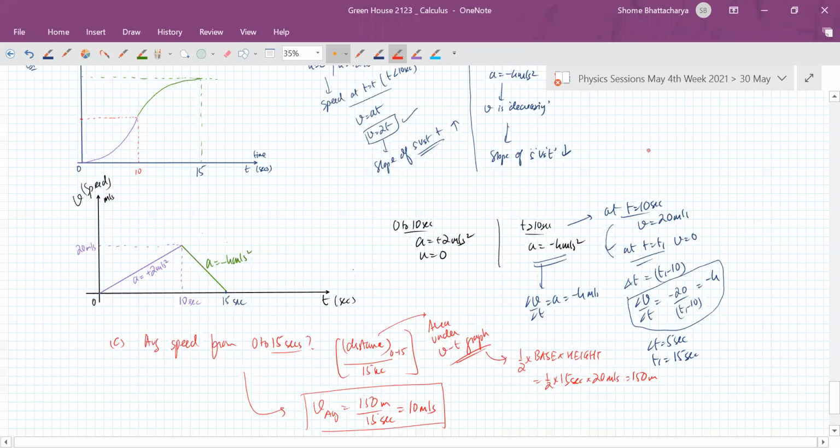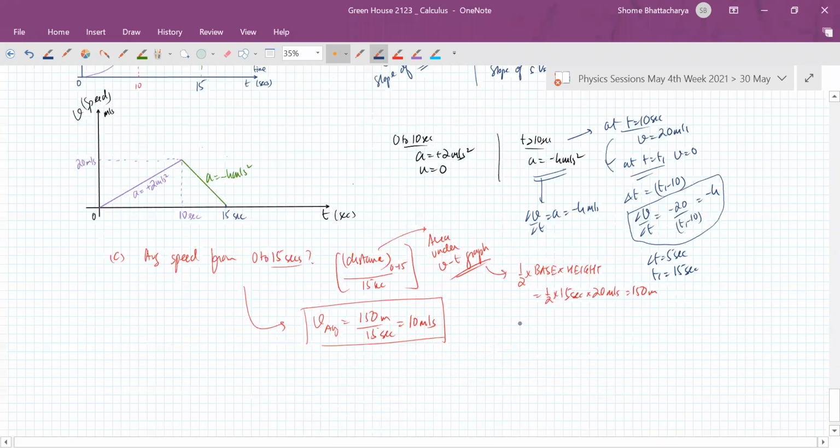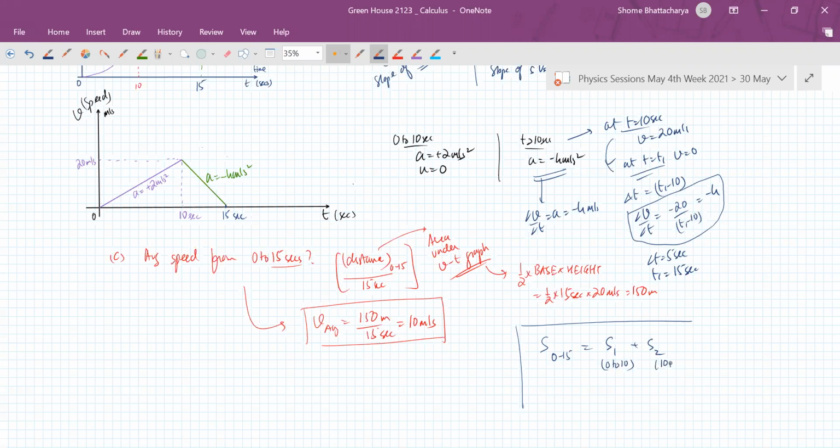Now another way is to calculate the total distance by formula. The distance from 0 to 15 seconds we can write as S1, from 0 to 10 seconds, plus S2, from 10 to 15 seconds.